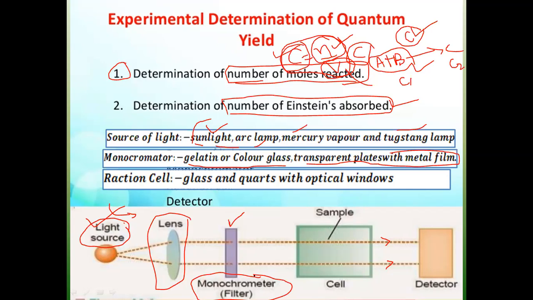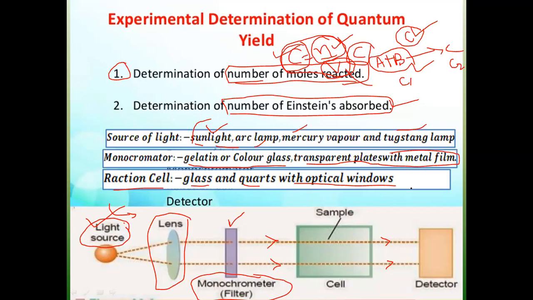After passing through the monochromator, the light falls on the sample, which is also called the reaction cell. There is an interaction between the sample solution and the incident monochromatic light. This reaction cell, or sample holder, is made of glass with optical windows, and it is put into the thermostat to keep the thermal condition constant.